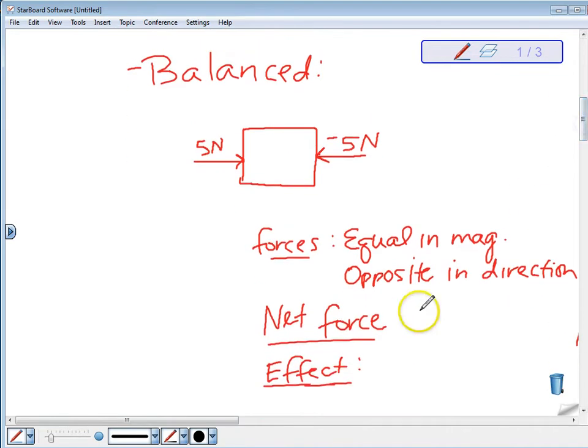That makes the net force, when we add these up, positive 5 newtons to the right plus negative 5 newtons to the left gives us a net force of 0 newtons. And the effect will be negligible. There'll be no acceleration of this object. It won't move, it won't change directions, it won't speed up or slow down based on these forces.